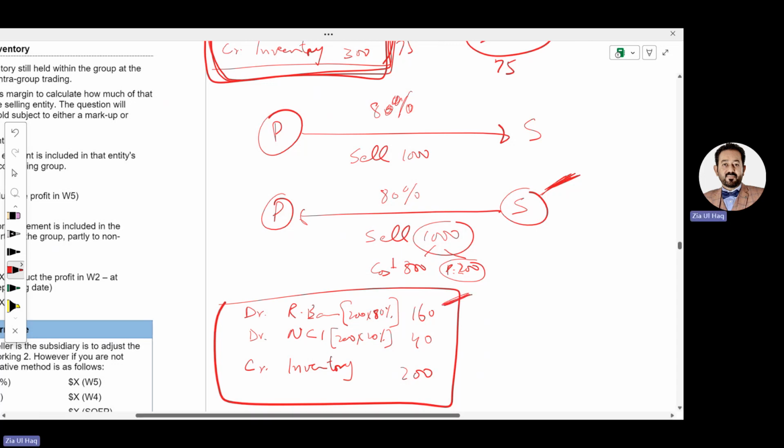The remaining part is relating to non-controlling interest. So we'll credit the inventory by the complete unrealized profit. But retained earning we will debit by parent company share, and the remaining part we will debit to non-controlling share.